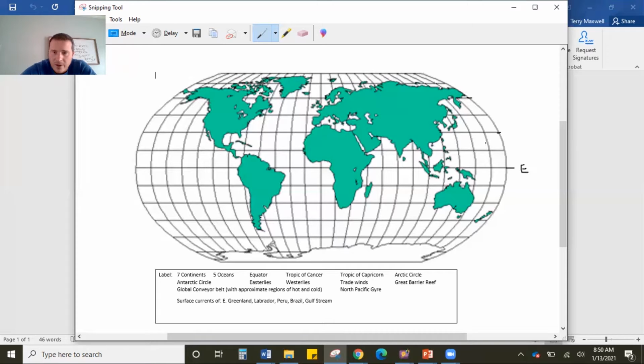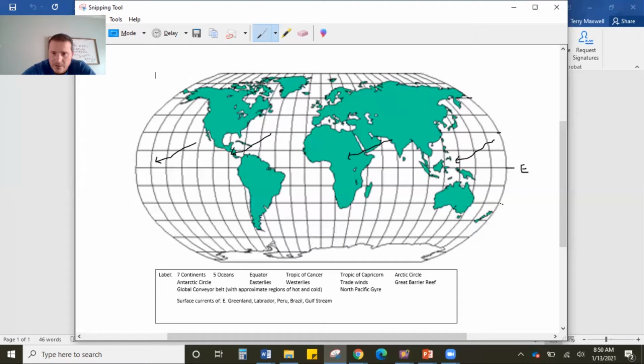Now, what we have with the winds, we have our trade winds coming in from the east. And they're basically going to blow towards the equator. So you want your trade winds coming down like this. And then in the south, 0 to 60.